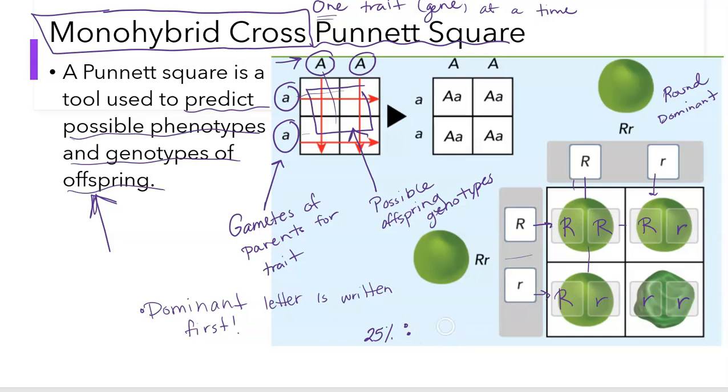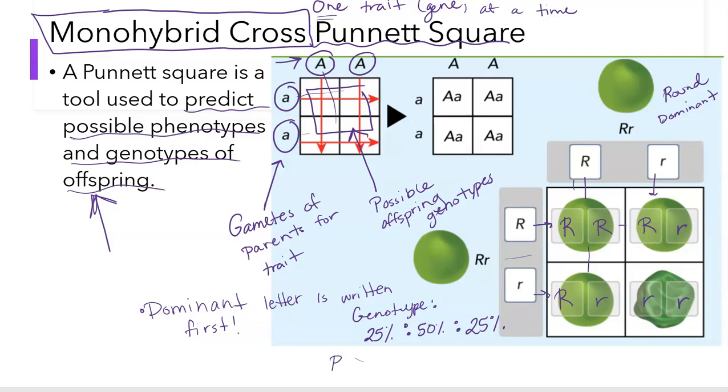So you could write 2, 1/2, or 50%. And then we only have one possible homozygous recessive or wrinkled offspring. So again, that would be 25%. That's our genotype ratio, so we're making predictions.